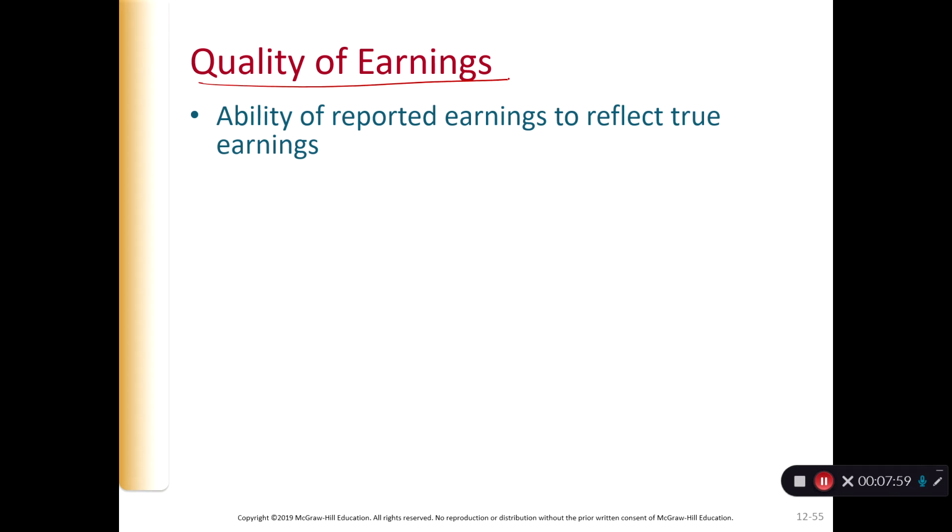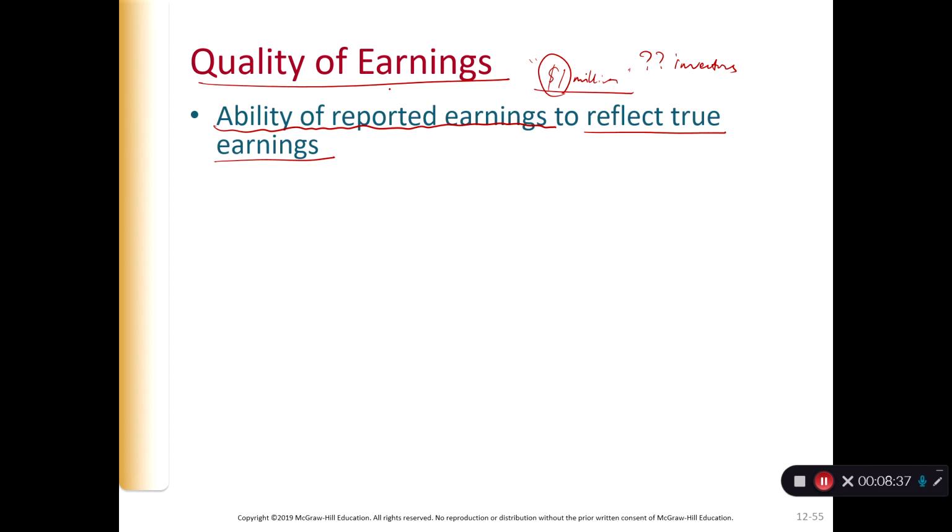Quality of earning. What do you mean? It means the ability of the reported earning to reflect the true earning. In other words, it means ability. If you report $1 million of net income, the reporter, the management and the investors, especially investors, always have a question: how truly is this $1 million of net income representing the truth of the operation of the company, right?